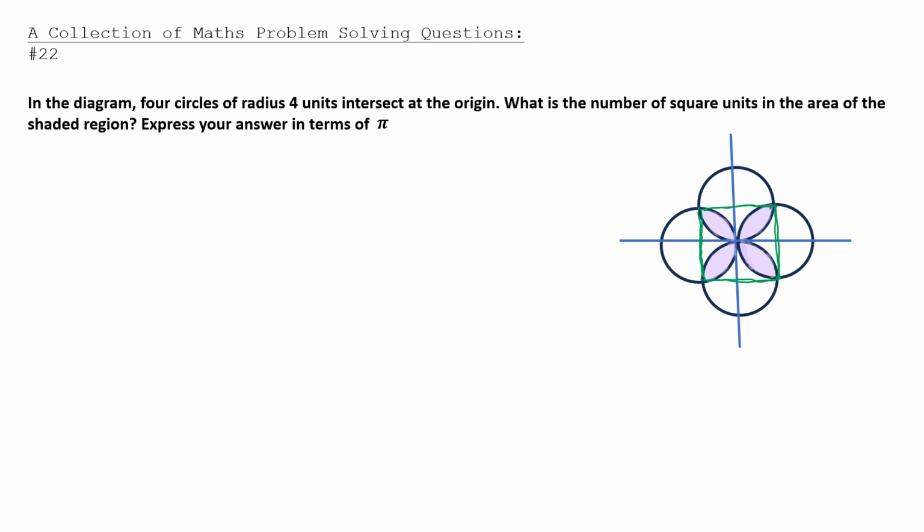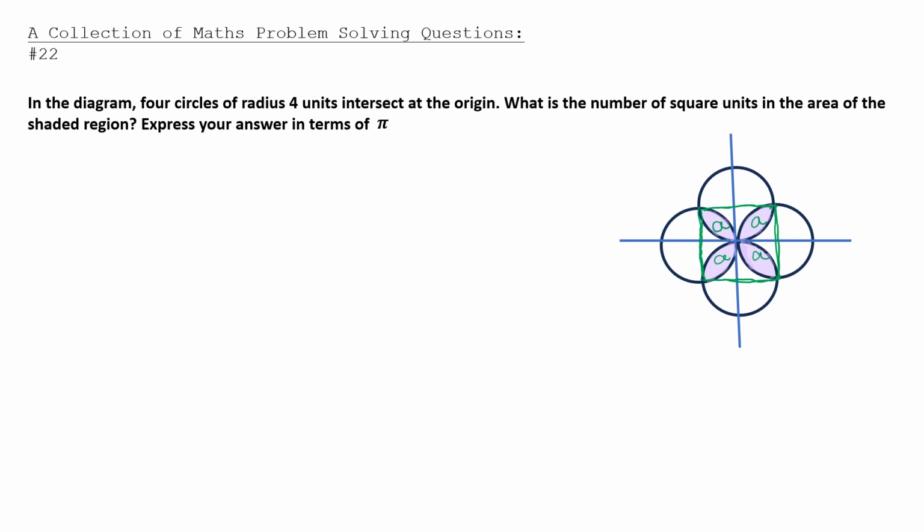Now if I am to find the area of the shaded region, I am going to start with naming them. The entire region, all this, is A, being the area of the shaded region.